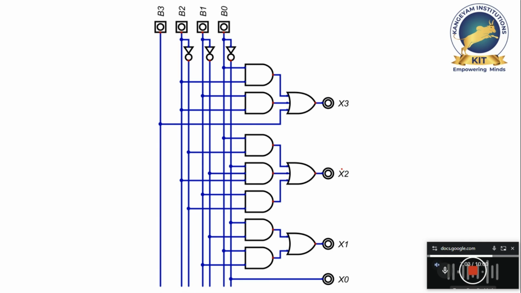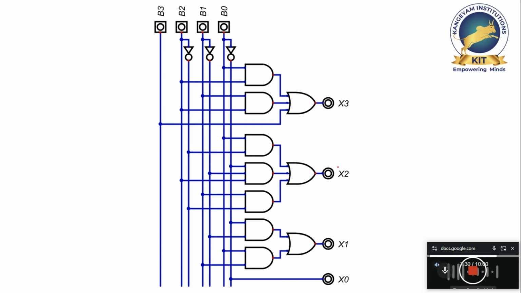From the truth table, write the minterms for convenience, because you have to go for the K map. If we write in minterm format, it will be easier. Then we go for K map implementation to find the expression for each and every output. After finding each output expression, we can draw the logic circuit.